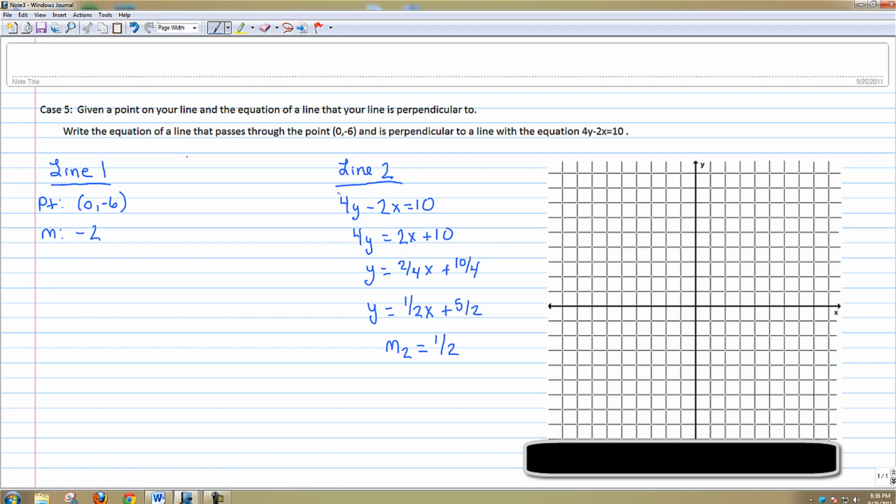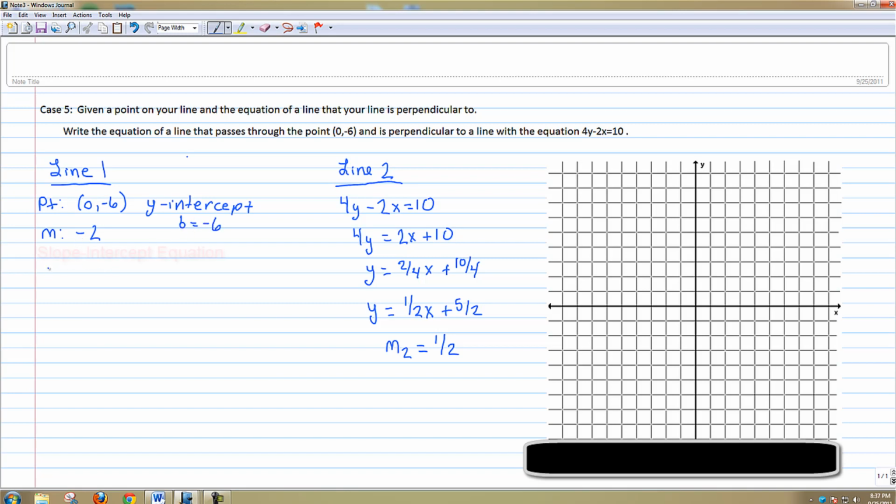So this side work here for line 2 set me up to just substitute values in. Since the point here is (0, -6), we should notice this is a special point. In fact, this is a y-intercept because the x-coordinate is 0. That's how we can recognize that it really is a y-intercept. So we know that our b is -6.